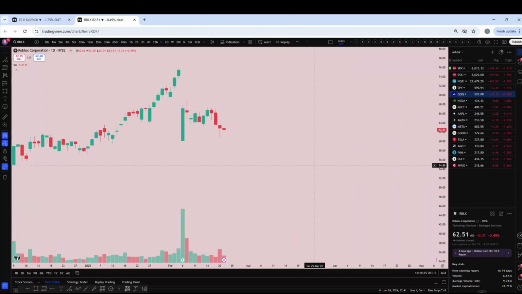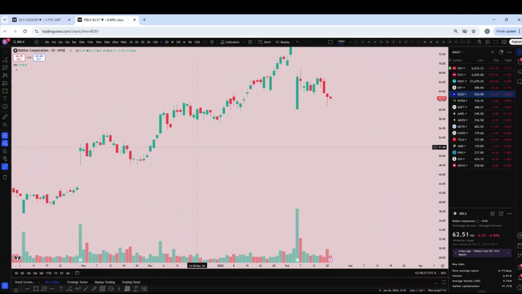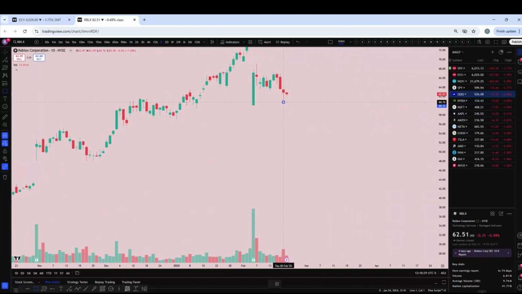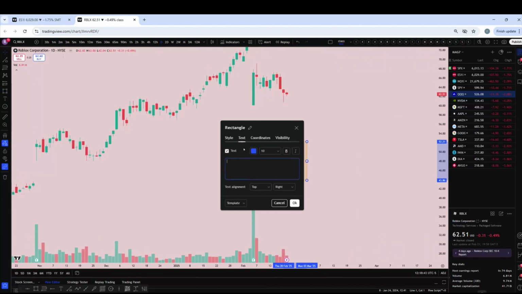So what I'm looking for is basically anything that kind of did this type of move, right? Say if we're at the bottom, and I'm looking for something. So say if this was a red candle, right?